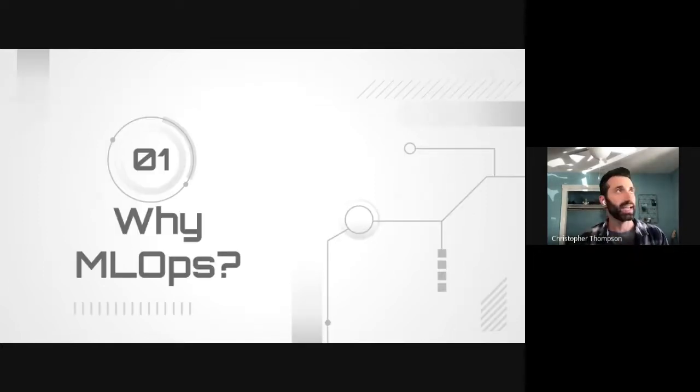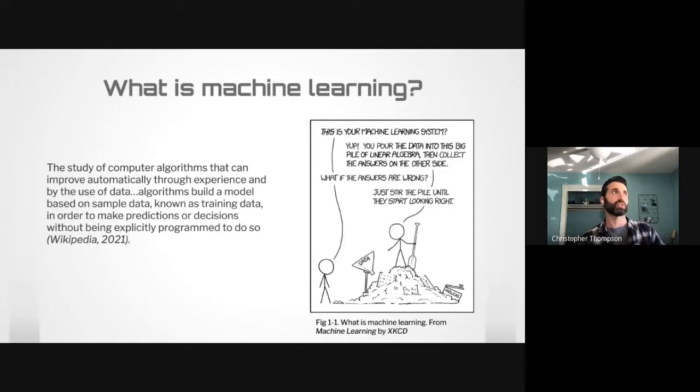Okay, so starting with why MLOps, right? What is machine learning? Machine learning, defined by Wikipedia, which I grabbed, and Wikipedia is always right: the study of computer algorithms that can improve automatically through experience and by the use of data. Algorithms build a model based on sample data known as training data in order to make predictions or decisions without being explicitly programmed to do so, right? So that's the learning part.